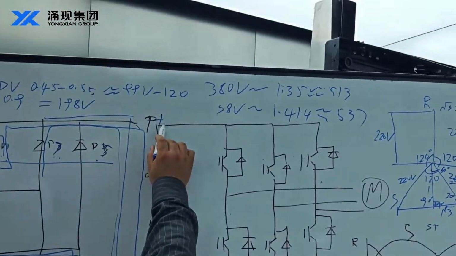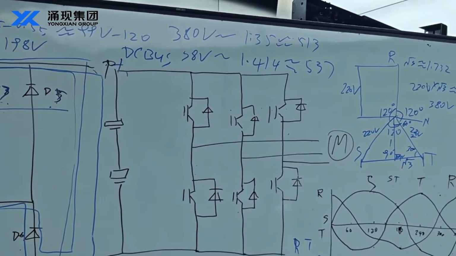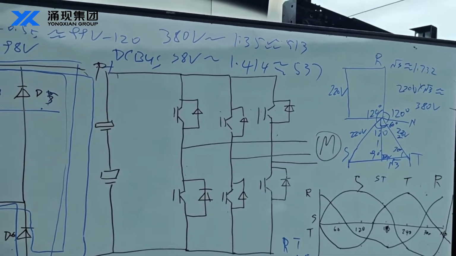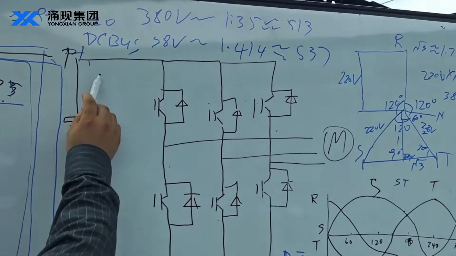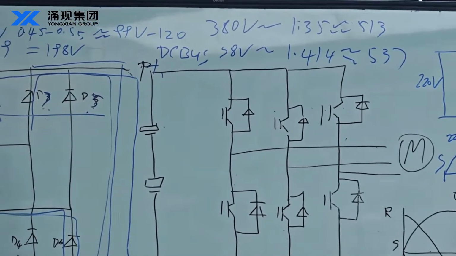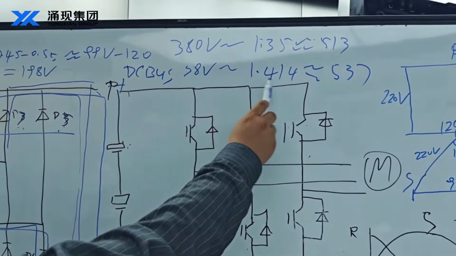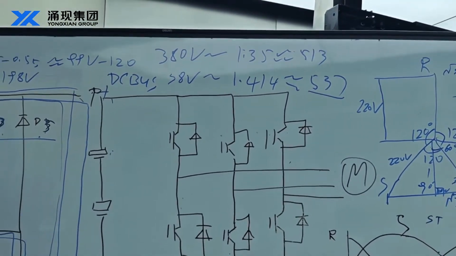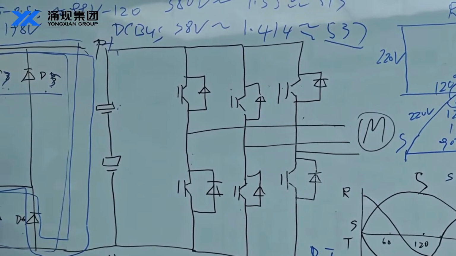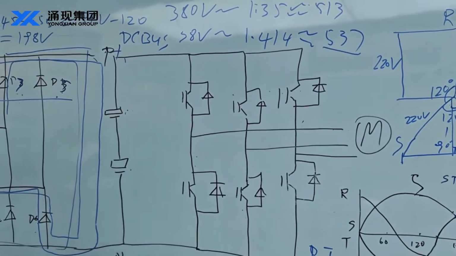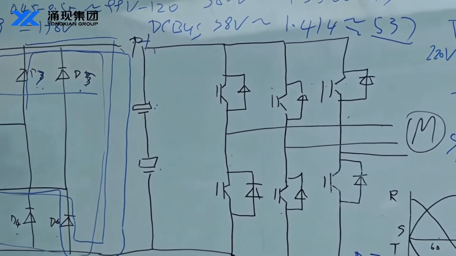Next comes the DC bus voltage. After rectification by the diodes, the capacitors charge to give a smooth DC voltage, reaching a peak of about 537 volts, typically 1.414 times the input supply. That means 380 times 1.414 yields approximately 537 volts.